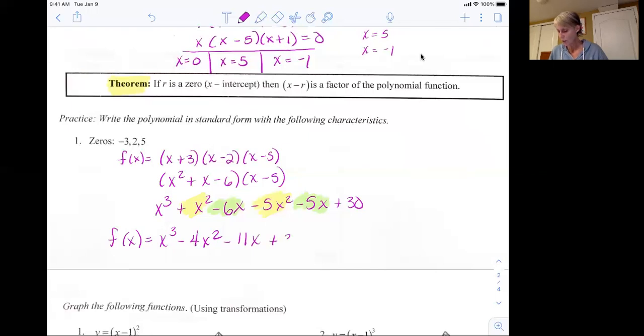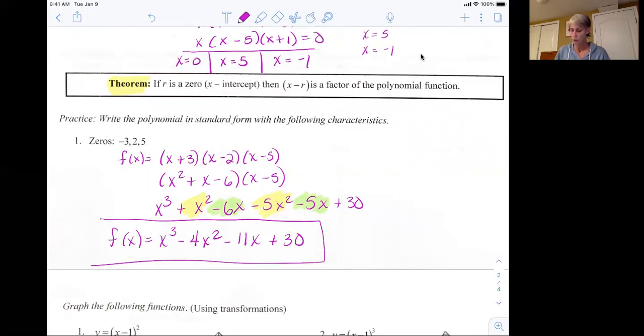And then I have plus 30 at the end. So something you should be able to do would be to start with a list of zeros, turn each into a factor, and distribute it out and get the function in standard form. Factored form, standard form.